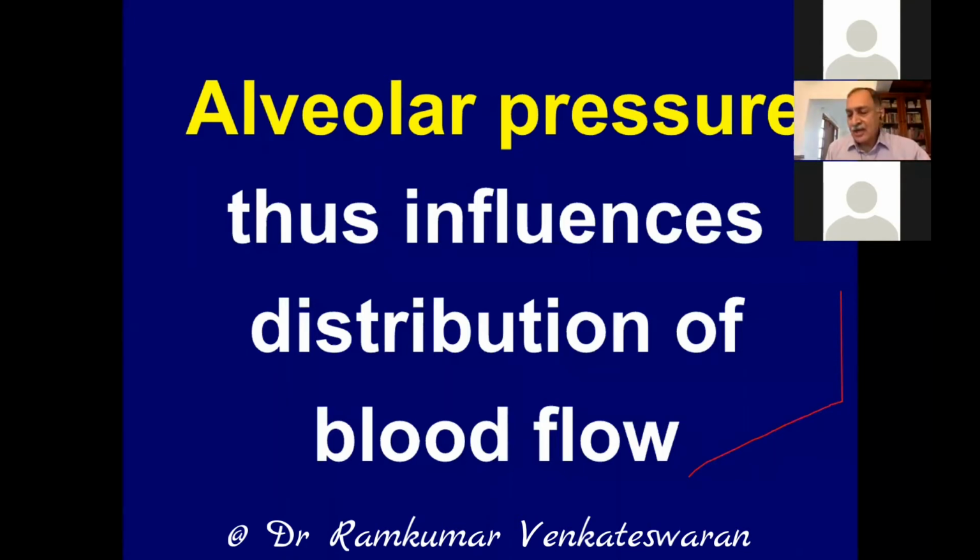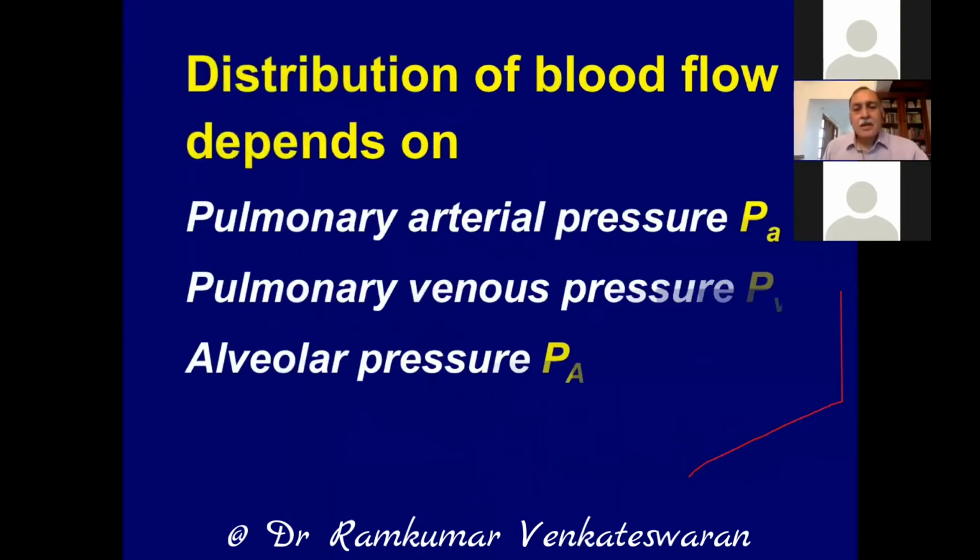We also realized that in the erect position, the blood flow to the lung is much more per unit lung volume at the bottom of the lung as compared to the top. And we need to remember this factor of 10. It's 10 times more per unit volume of the lung at the bottom of the lung as compared to the top. And now let's see how alveolar pressure creates another factor for us to understand as to how blood flow occurs in the pulmonary circulation.